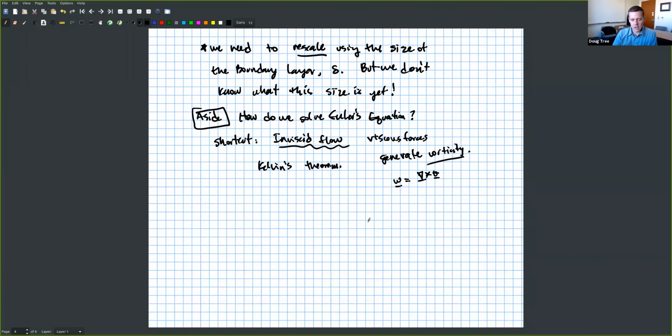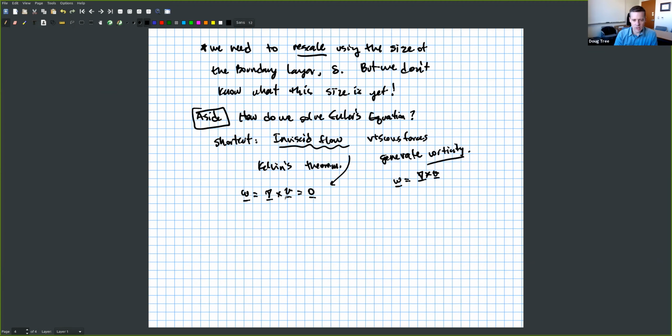You can have no vorticity then. Okay, so inviscid flow is when the vorticity, which is again the curl of the velocity, is equal to 0. Kelvin's theorem says that if I start inviscid in that outer region, then I stay inviscid in the outer region.